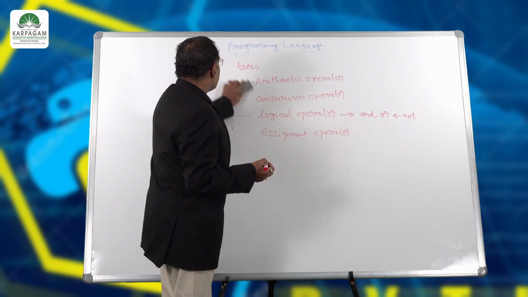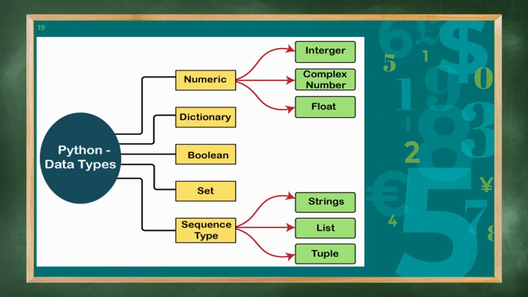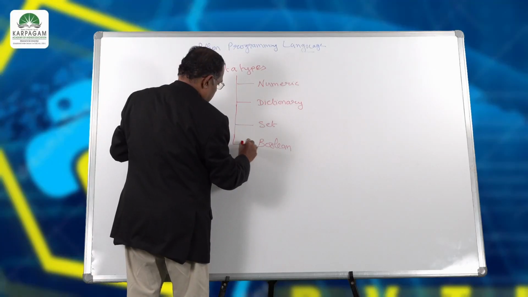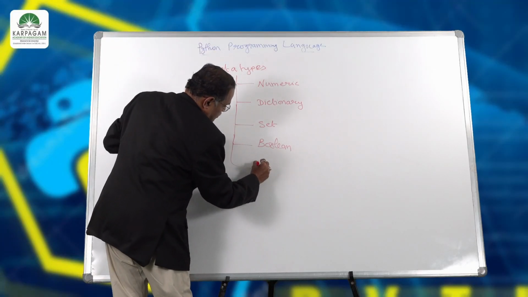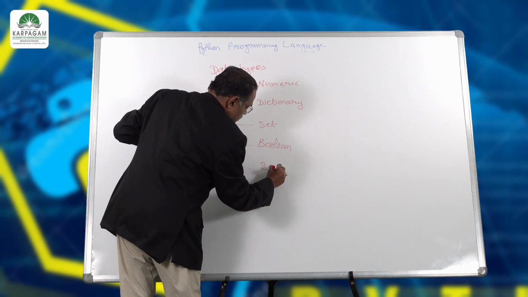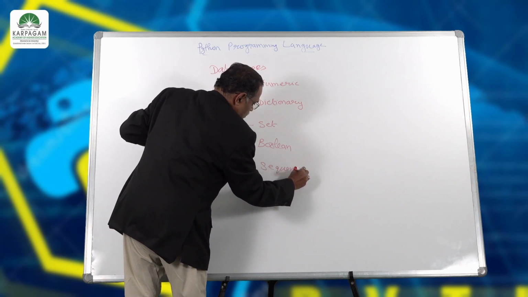Then we are going to data types: numeric, dictionary, set, Boolean, and sequence type.